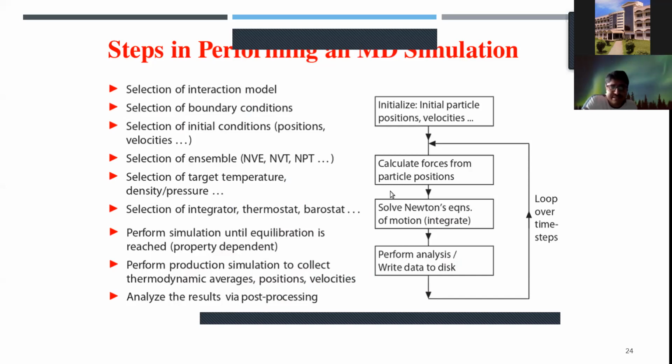Then selecting the ensemble, the target temperature, density, pressure, the integrator, which type of thermostat you want to choose, and the barostat. Then perform the simulation until equilibrium is reached, then run the production simulation, and then analyze the simulation. This is how we can go from preparing the system to performing and analyzing the simulation.